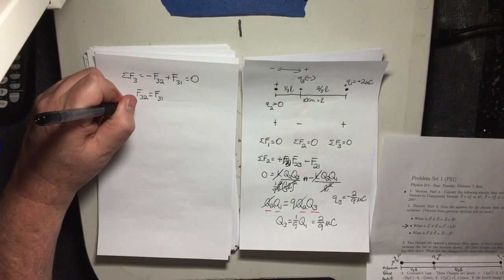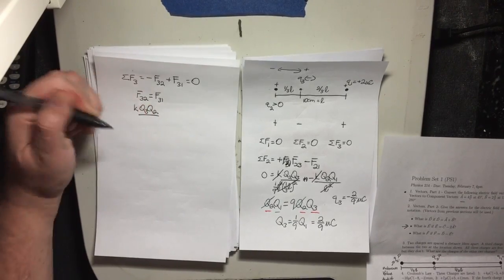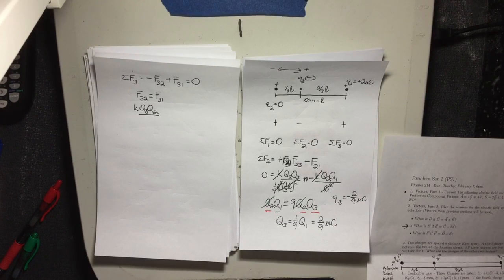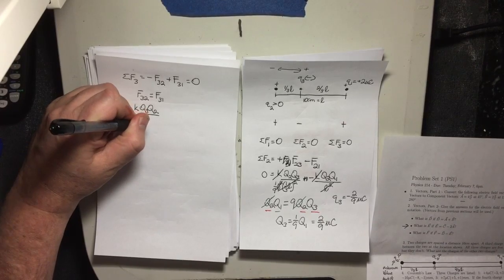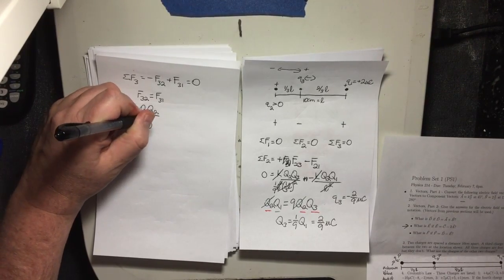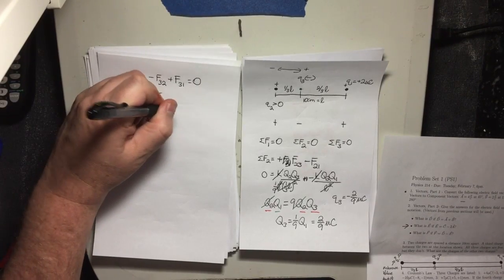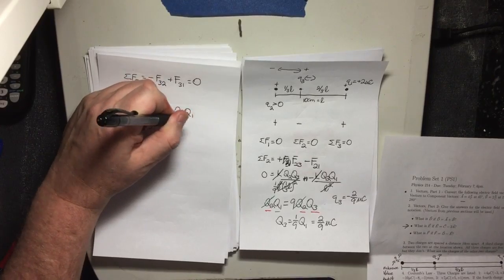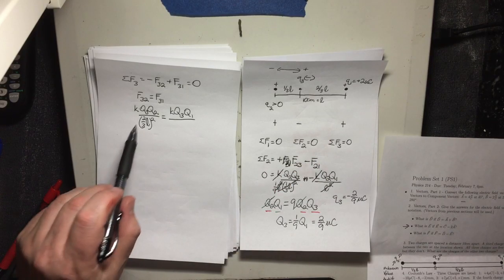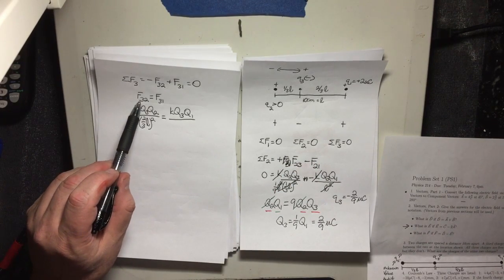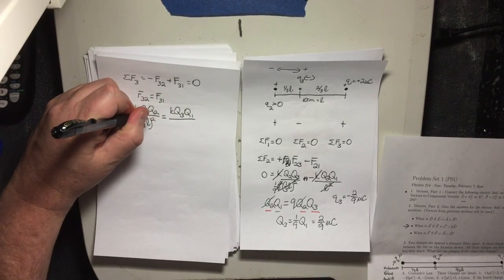F3,2 is K Q3 Q2 over the 3 to 2 distance L squared, is equal to K Q3 Q1 over the distance from 3 to 1. Yeah, what did I do? 3 to 2 should be 1/3 L. That's the correction.